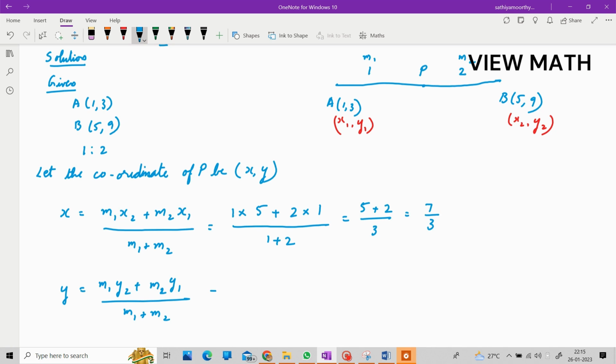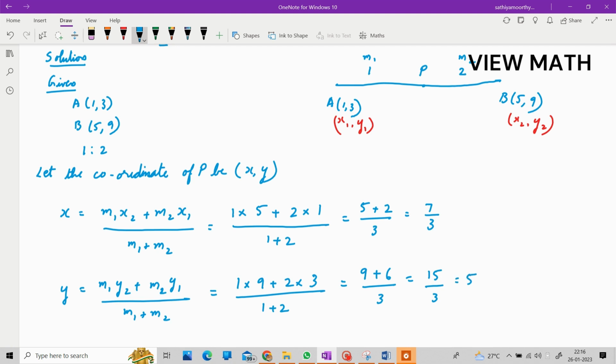Now coming to the y coordinate, m1 is 1 and y2 is 9 plus m2 is 2, y1 is 3, divided by m1 plus m2, 1 plus 2. So this is equal to 1 into 9 is 9 plus 2 into 3 is 6, divided by 3, which is equal to 15 by 3, which is equal to 5.